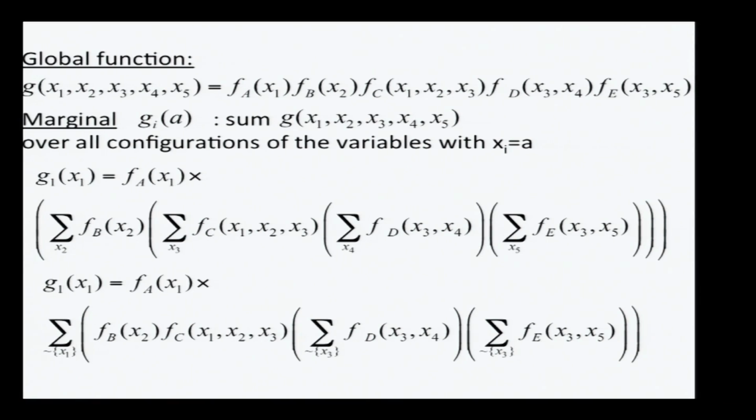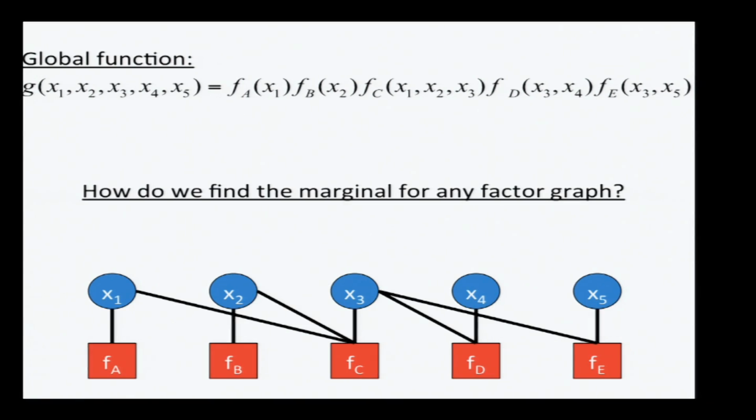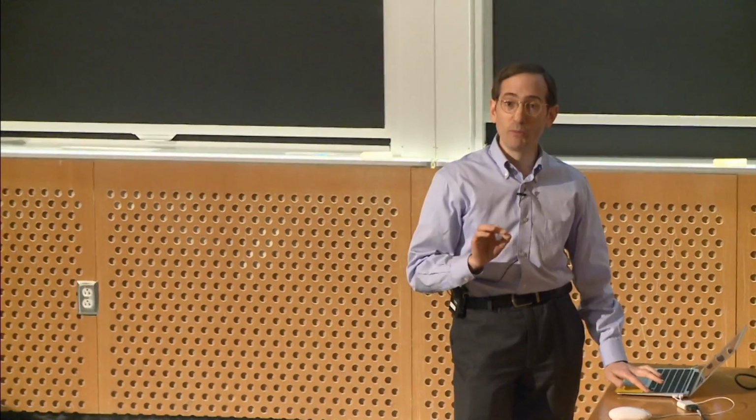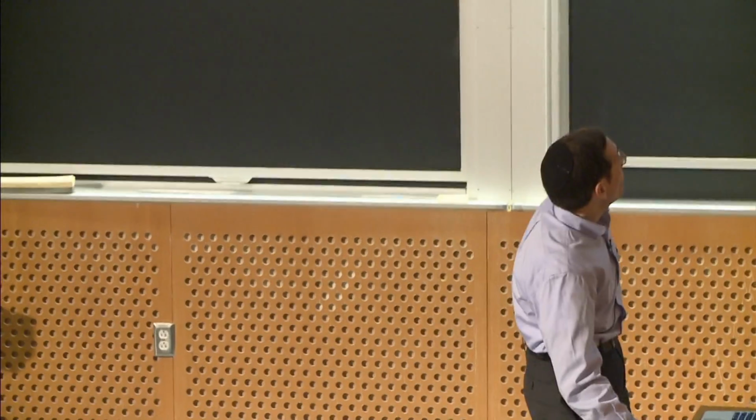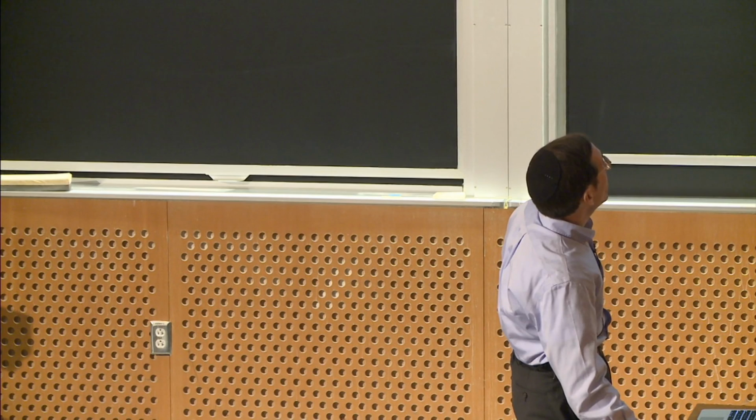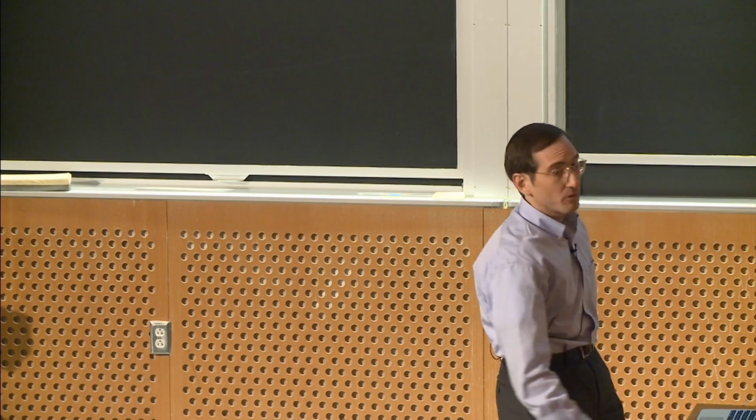So this hasn't really helped us very much if we don't have some efficient way of computing these marginals, and that's what the factor graph does. So we've got some factor graph. We have this representation either in terms of graph or equation of how the global function can be partitioned. Now, if I take any one of these factor graphs and I want to compute a marginal over a node, I can redraw the factor graph so that the variable of interest is the root node.